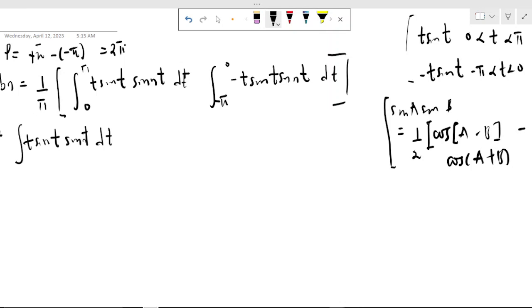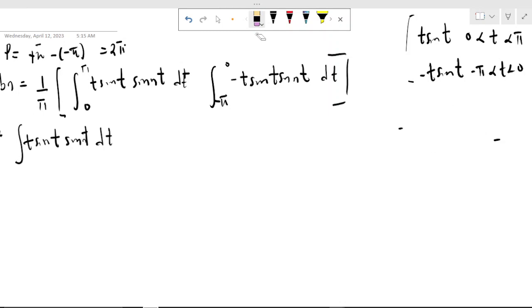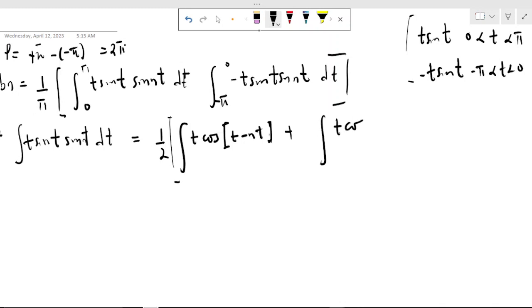That means what we have here is equal to 1 over 2 integral of t cos of t minus nt, plus, this will be minus integral of t cos of t plus nt.